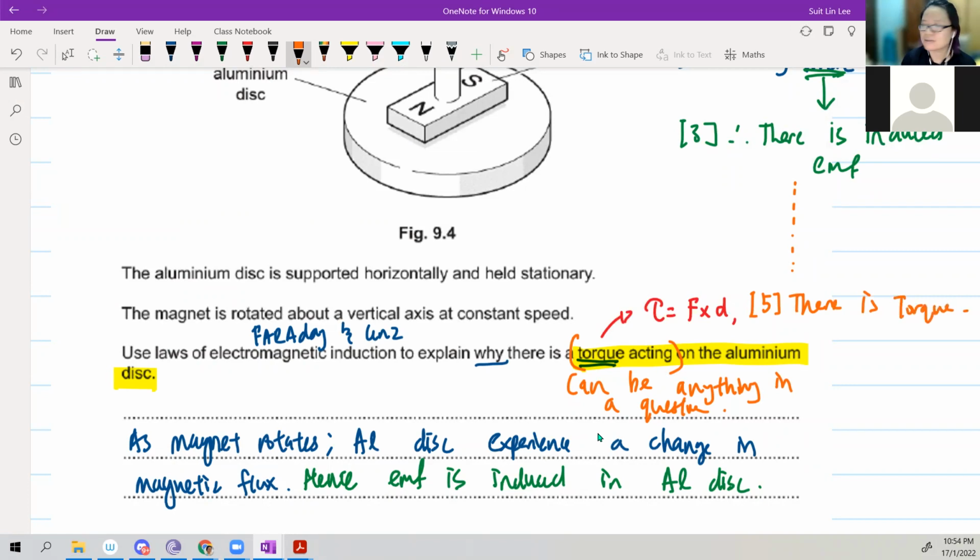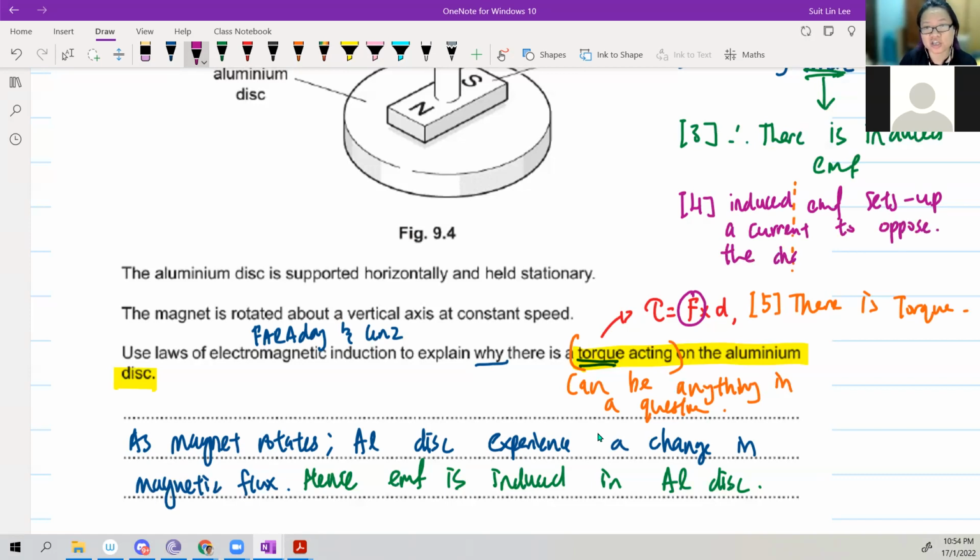But how do we get there? How do we get to torque? In order to have torque, we need force. So now it's time to bring in Lenz. So when there's induced EMF, we move on to number 4. From Lenz's law, the induced EMF sets up a current to oppose the changes causing it. It's just going to fight the change.